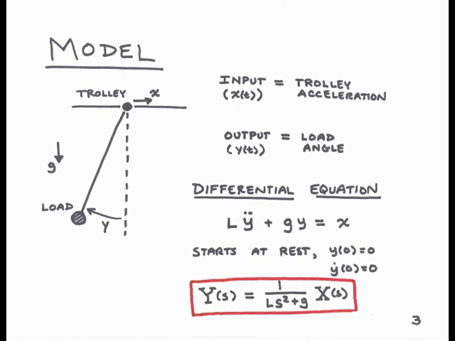The system starts at rest, so y at time 0 is 0, and y dot at time 0 is 0. So, we can Laplace transform the differential equation, ignore all initial conditions, and find the following relationship between the signals in the frequency domain. Y of s is equal to 1 over Ls squared plus g times X of s. So 1 over Ls squared plus g is our transfer function.